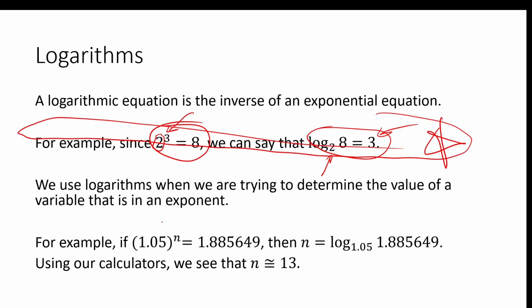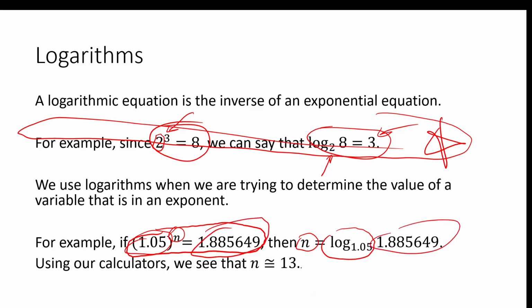So, for example, if we said 1.05 to the exponent n was equal to 1.885649, to figure that out mentally would take quite a while, but we could simply instead say n, the exponent, is equal to the log base 1.05, base of the exponent, of 1.885649. We plug that into a calculator and we see n is approximately equal to 13.